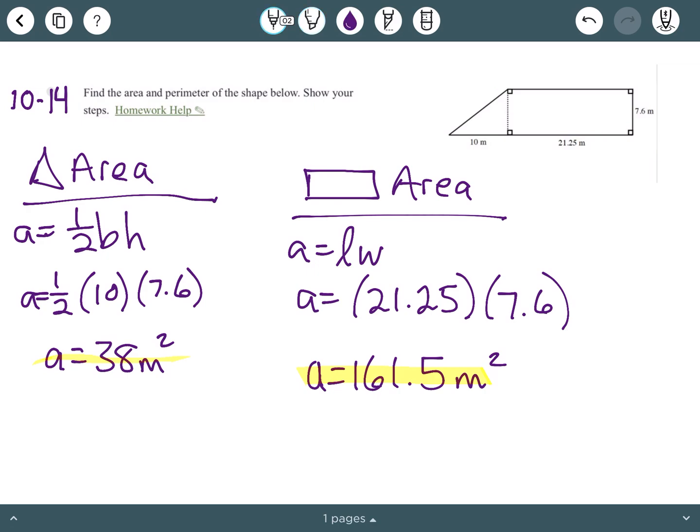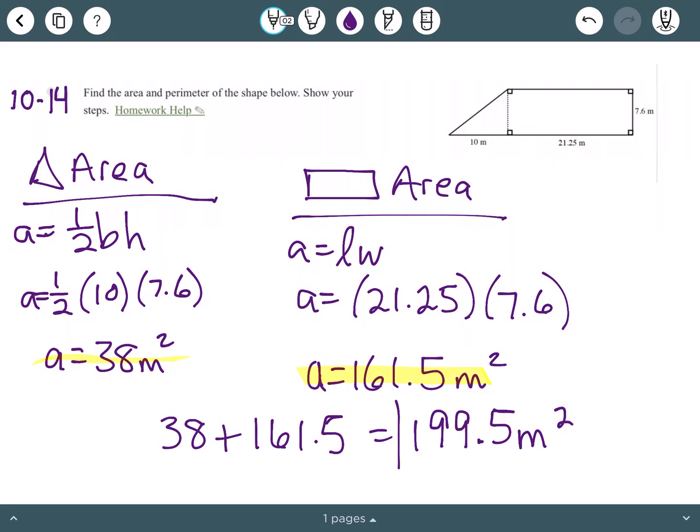So we're just going to do 38 plus 161.5, and that is going to give us our total area. 38 plus 161.5 gives us 199.5, and that's going to be meters squared because area is square. All right, and that is all for 1014.